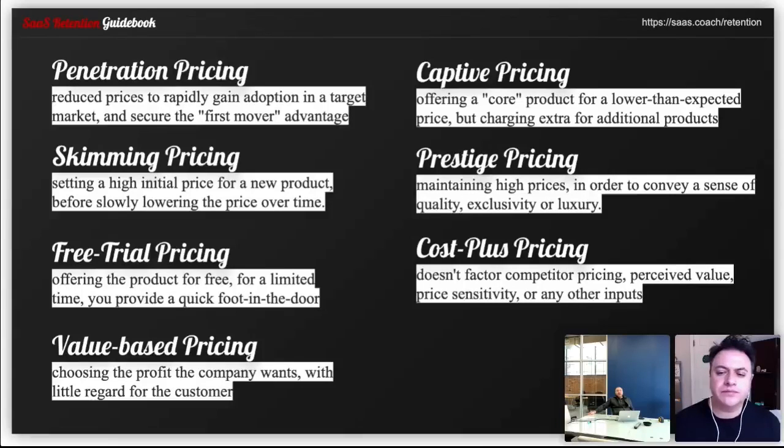Yeah. And then really value-based pricing, which is a little bit of the opposite, but not really. Again, this is not factoring in outside influences, but more looking at, as a company, we want to be making 50% or 60%, and we don't care about the customer.